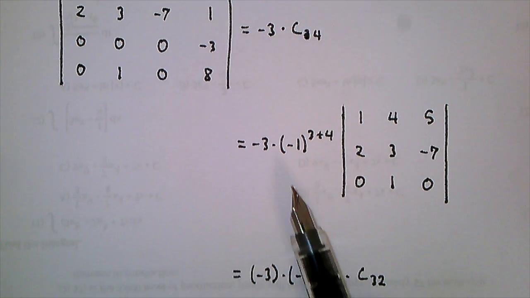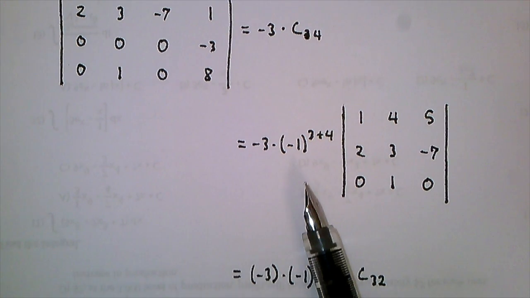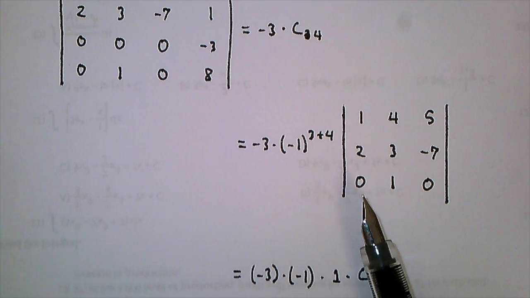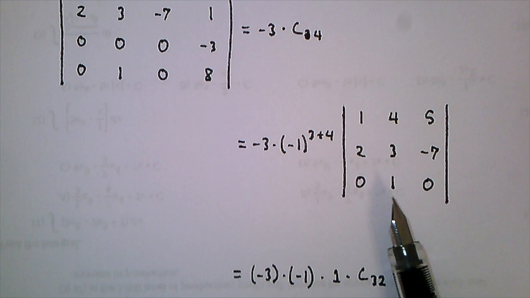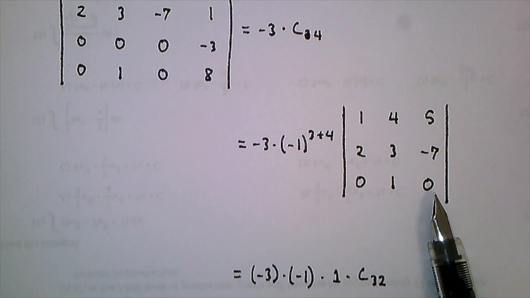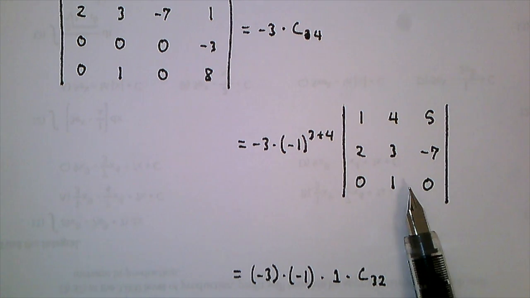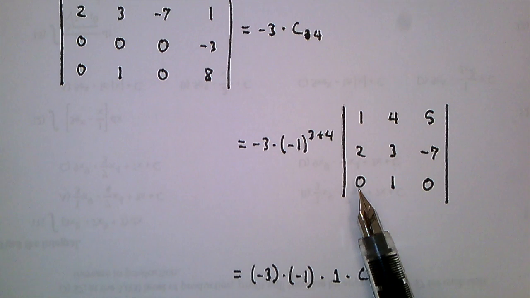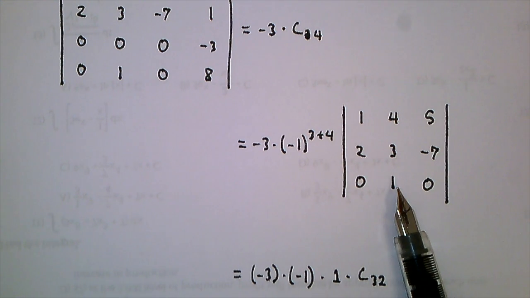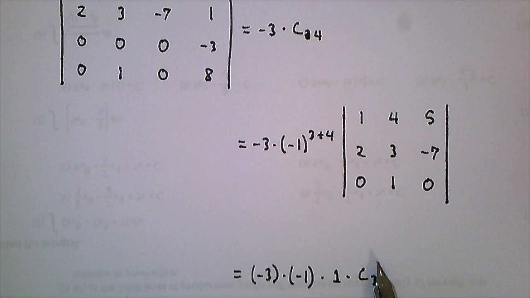So you want to bring down the minus 3 and the minus 1 from here. And then we need to do the cofactor expansion along this row. But this element and this element here won't contribute anything at all to our cofactor expansion, because we'll have 0 times C31, and this will be 0 times C33. All we have to worry about is 1 times C32.